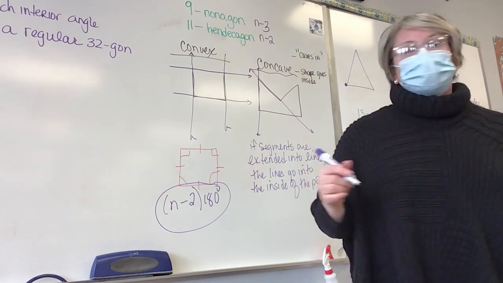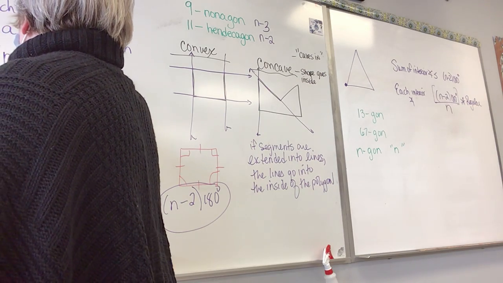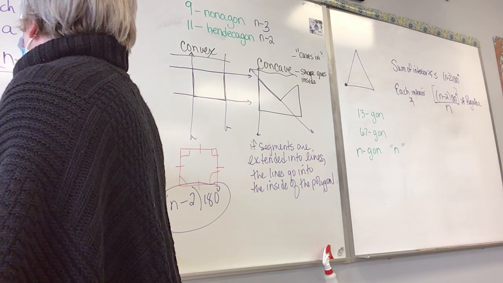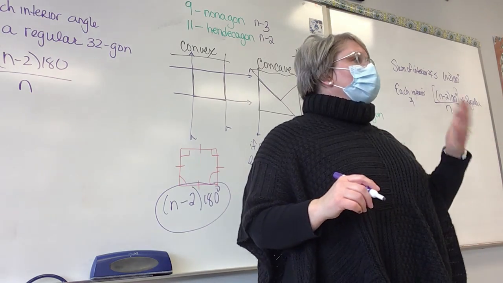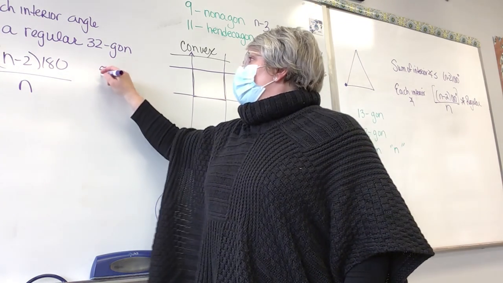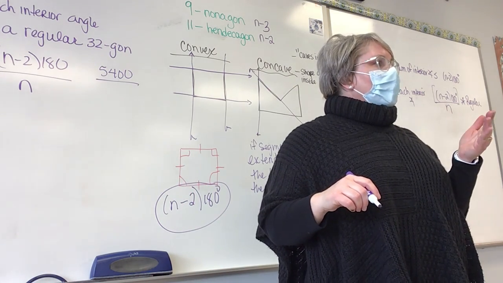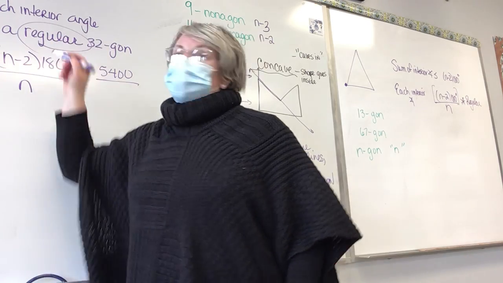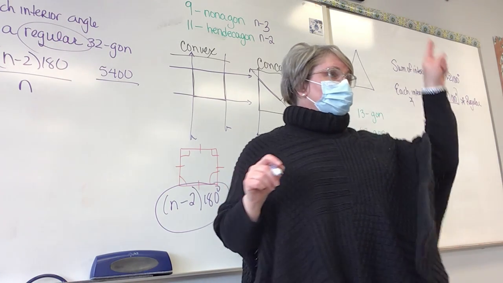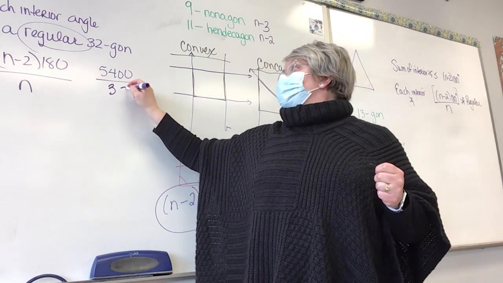What you need to do is take that sum that we just found and divide it by the number of angles, which is the same as the number of sides. So you just told me that the sum was 5,400. And since it says it's regular, every single one is going to be the same. What am I dividing it by? 32.